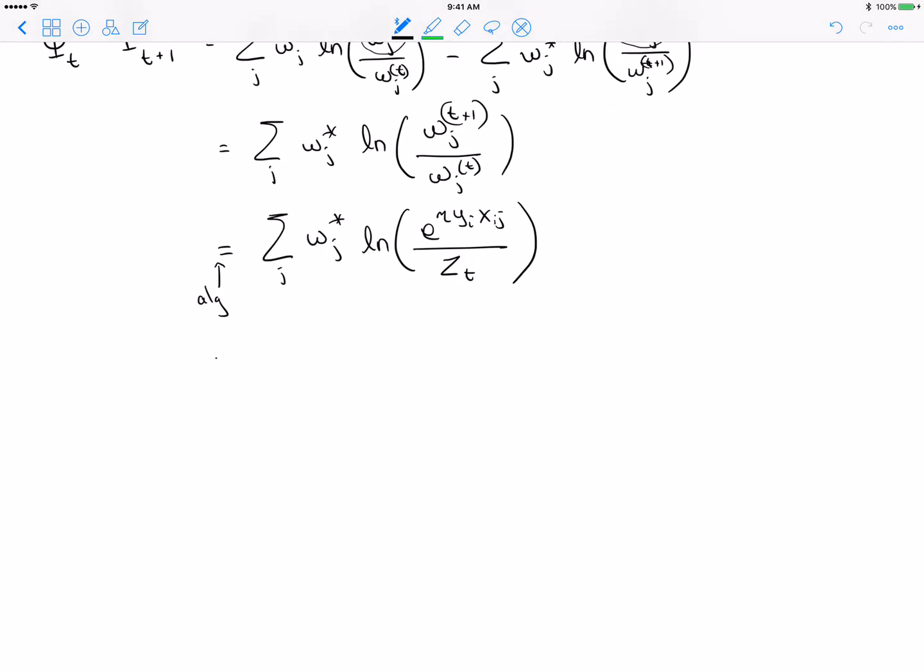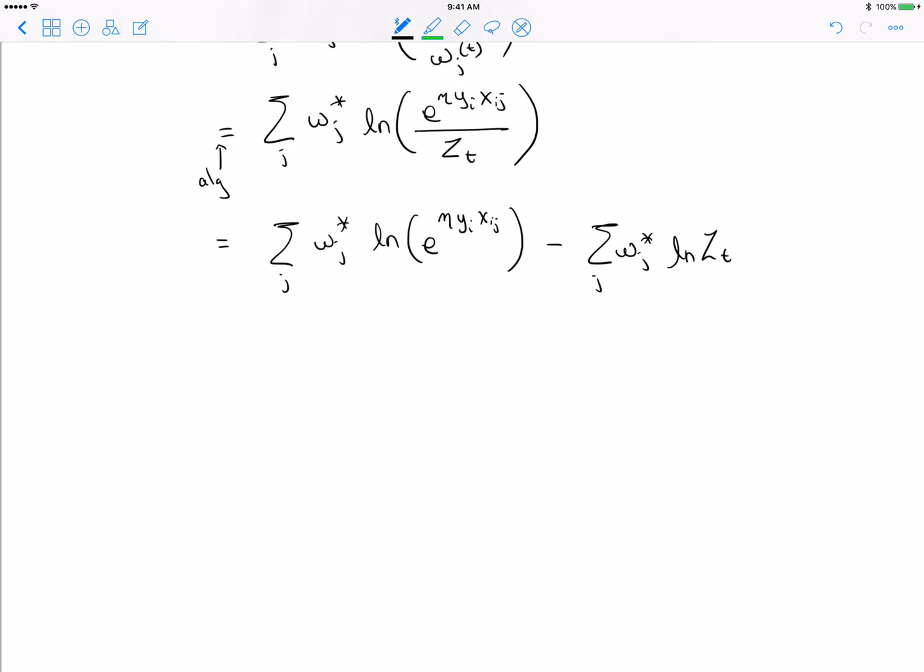Let me write it out here to make things a little bit easier: e to the eta y_i x_ij, and then over here, I have sum over j, w_j star, log of z_t.